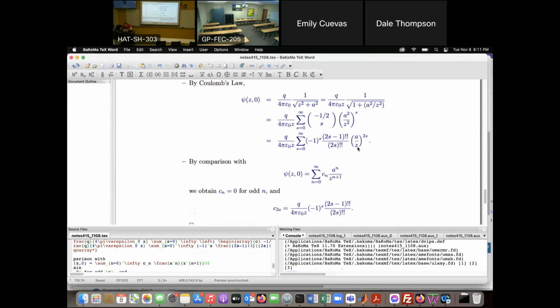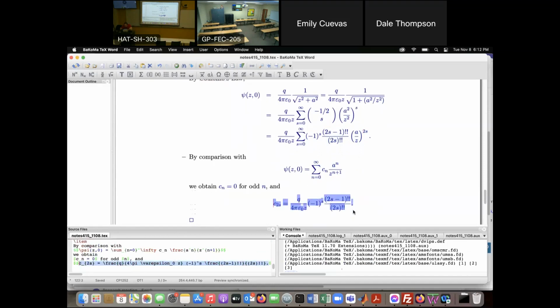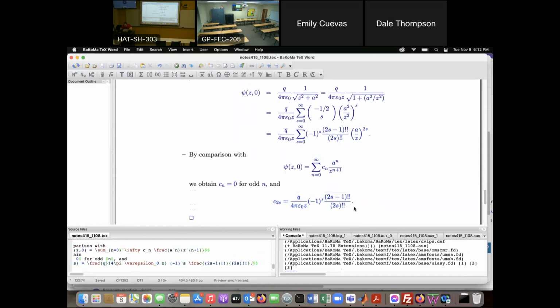Here I have z to the 2s plus 1, but keep in mind I have a factor of z that's been pulled out, and I still have z to the -2s inside. By equating these two and matching coefficients for even values of n, this is what I get. So now my solution is complete.